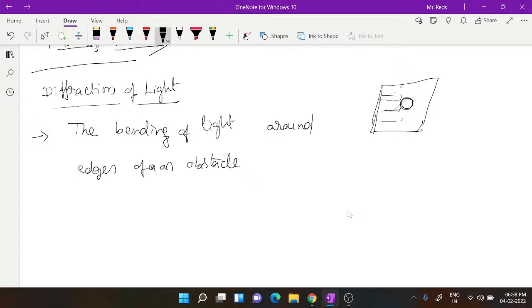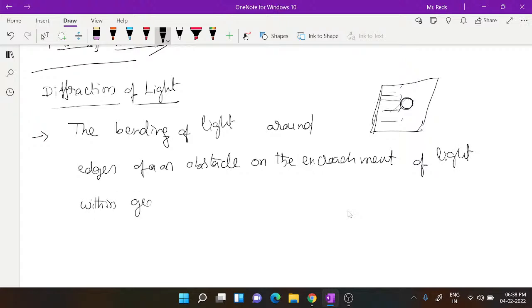Otherwise you can also say, the bending of light around the edges of an obstacle on the encroachment. Encroachment means during the passage, encroachment of light within geometrical shadow.